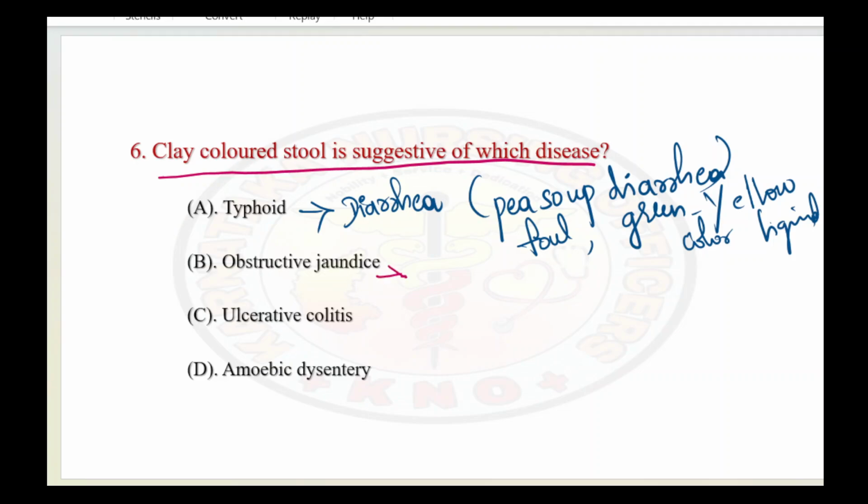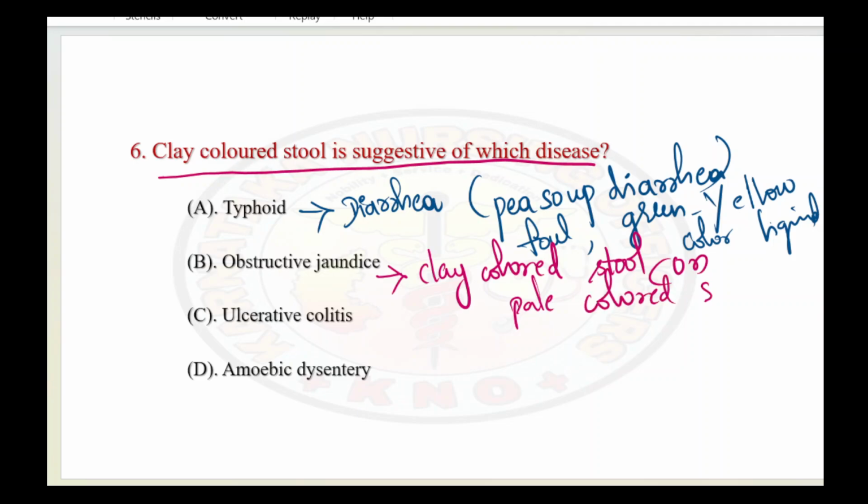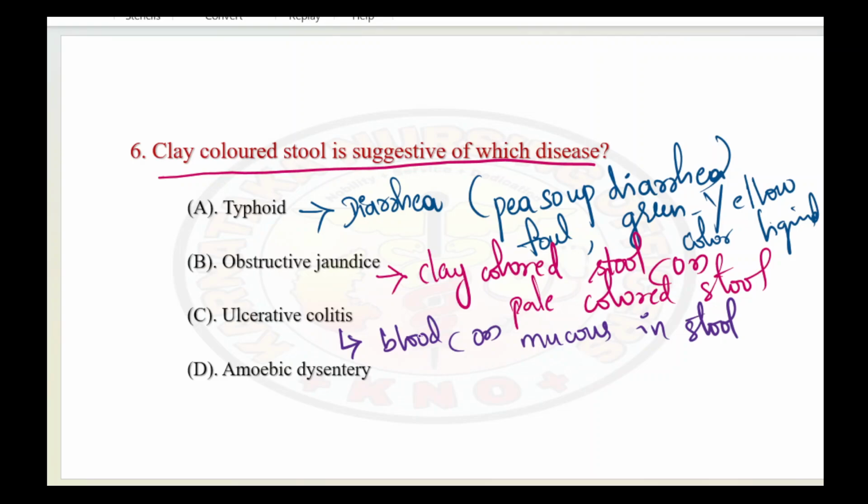Firstly, in typhoid, diarrhea will be the symptom, and we call it pea soup diarrhea. So next, obstructive jaundice. In obstructive jaundice, you are going to see clay colored stool, or we can even call it pale colored stool. Okay. So next option, ulcerative colitis. In ulcerative colitis, you are going to see blood or mucus in the stool.